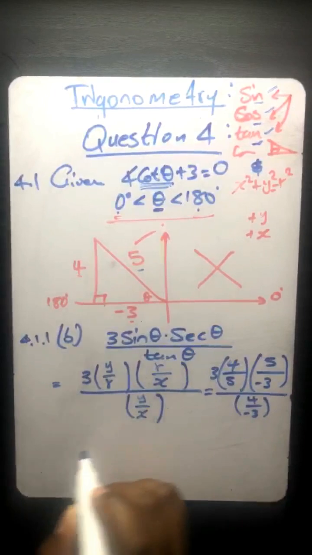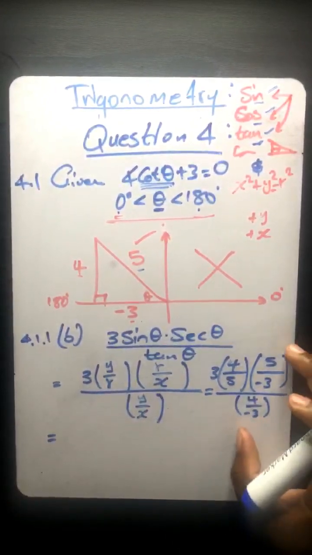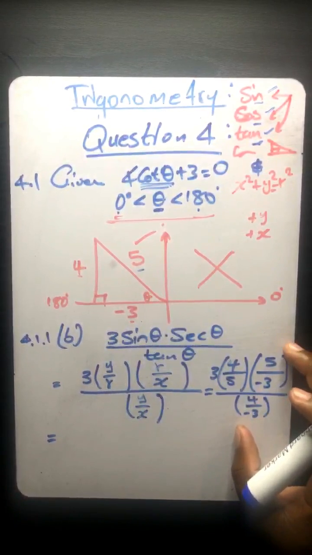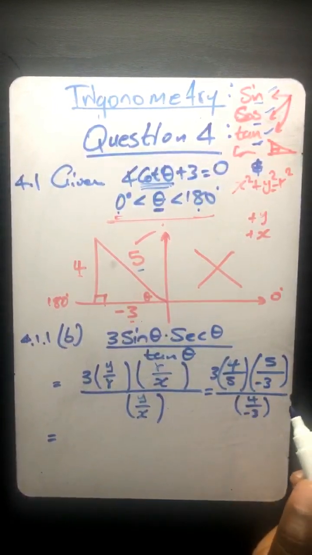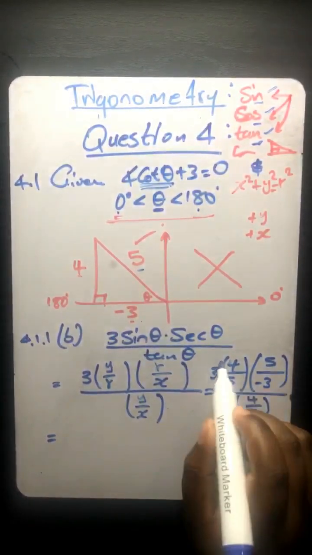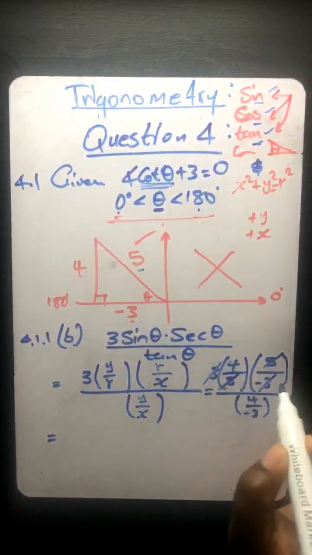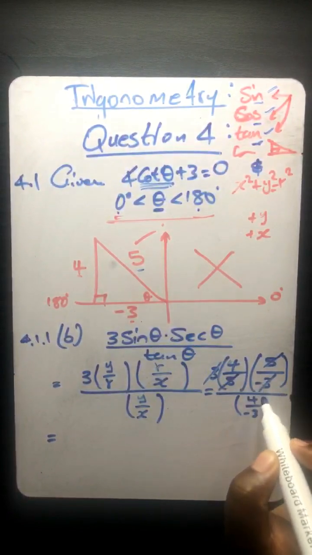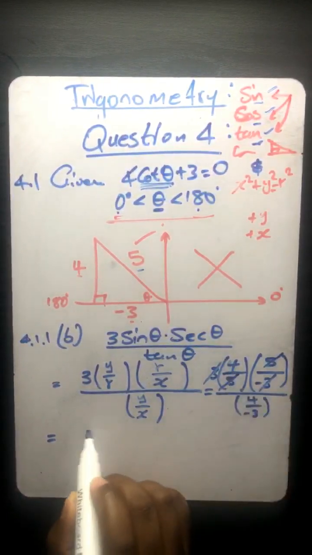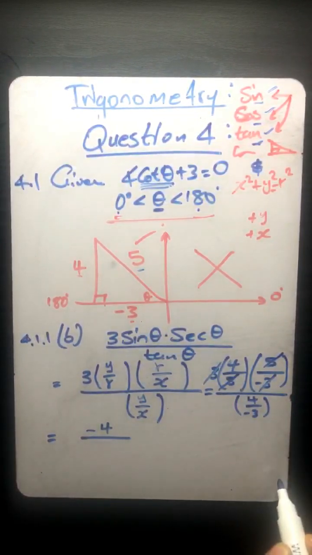So can you now see it takes you back to grade 10, where you now need to work that out. From my side, I'm able to notice that this cancels with that, this cancels with that, and then you have that negative there, which means at the top you end up having negative 4, and then this is over.